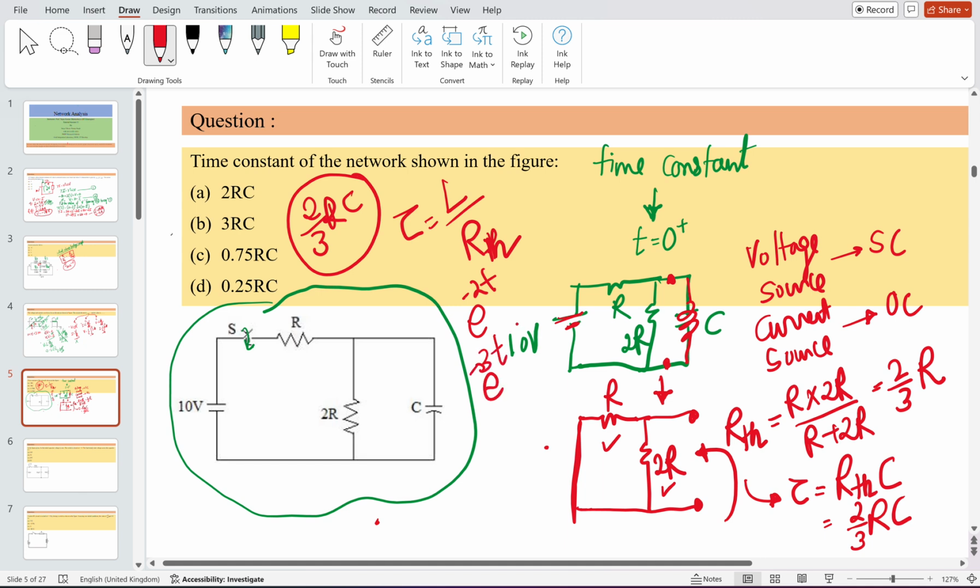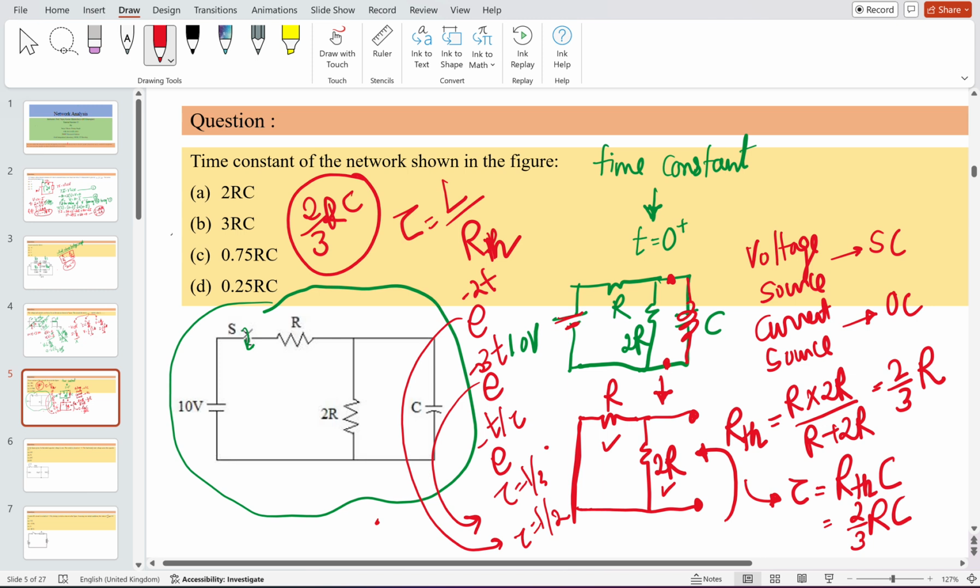You have to check the value of tau, since the exponent is simply t by tau. In e to the power minus 3t, tau is 1 by 3, and in e to the power minus 2t, tau is 1 by 2. From this value you can judge whether the options are correct or not.